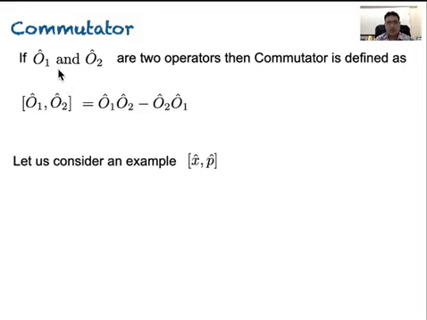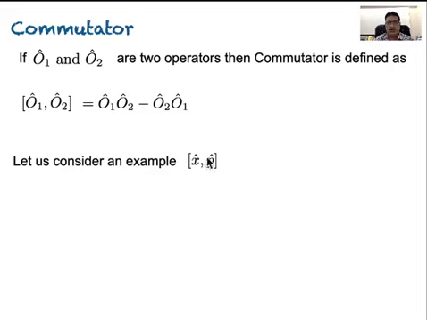Let's say if O1 and O2 are two operators, then the commutator, which is defined as the big bracket O1 comma O2 big bracket close, is equal to O1 times O2 minus O2 times O1, and this is the definition of a commutator of operators. So you need to have two operators, and the commutator of these operators O1, O2 is defined in this fashion.